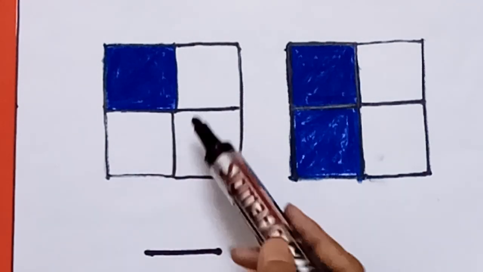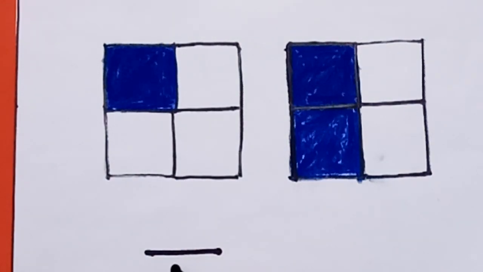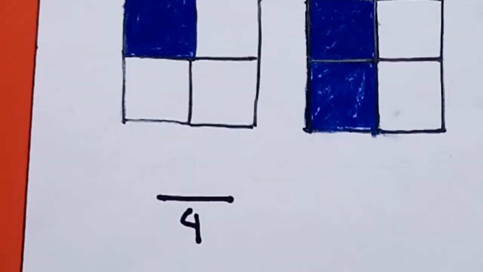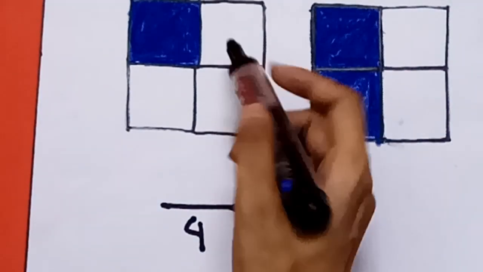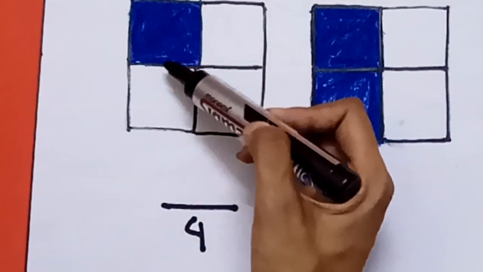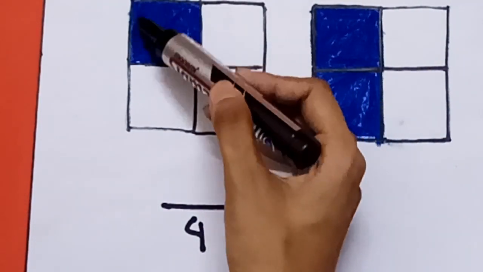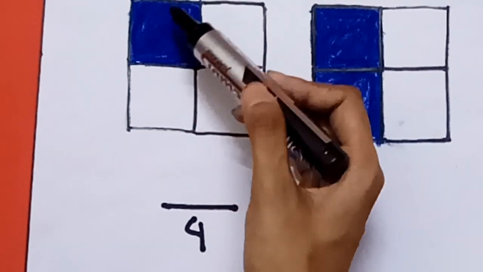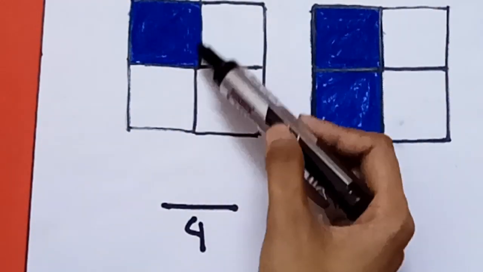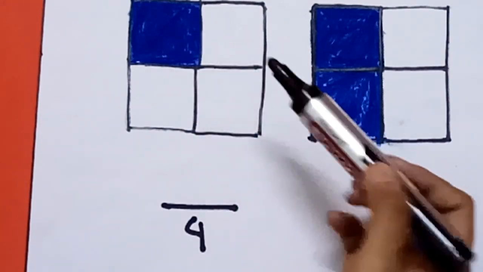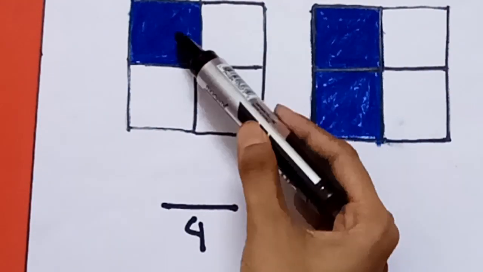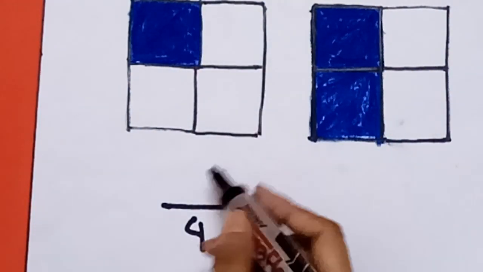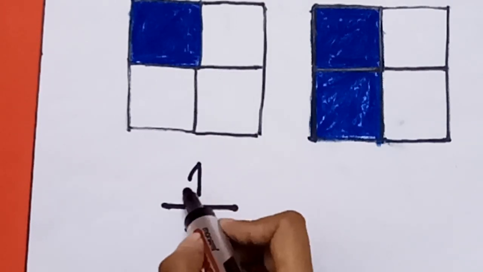We will write total parts at the bottom, and we want to express only this portion, and this is 1 from 4. Out of 4, this is 1. That's why I am writing 1 here.